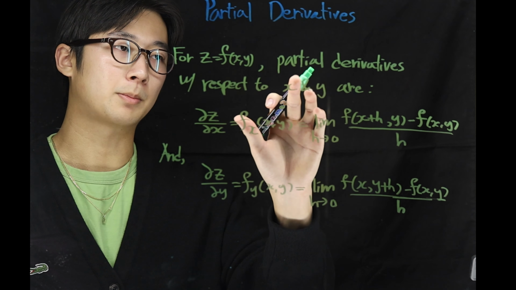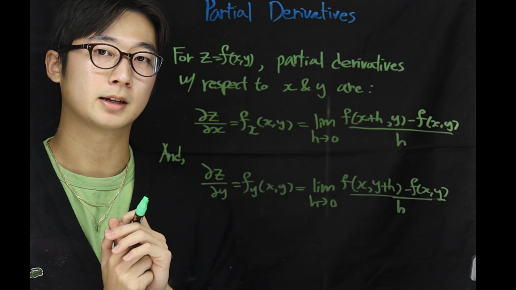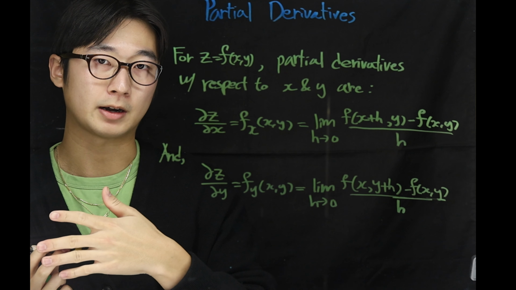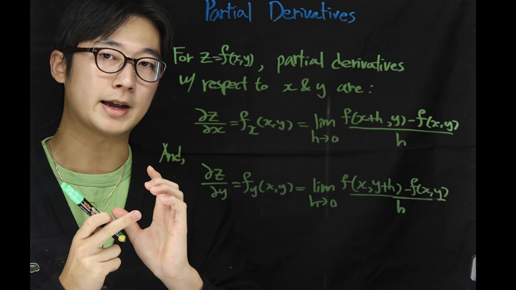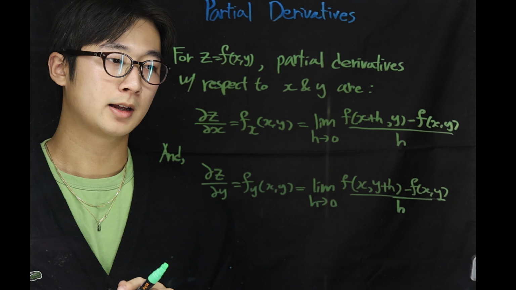Specifically, it's called partial derivatives because we partially find the derivative in the x direction while y is fixed, or in the y direction while x is fixed.